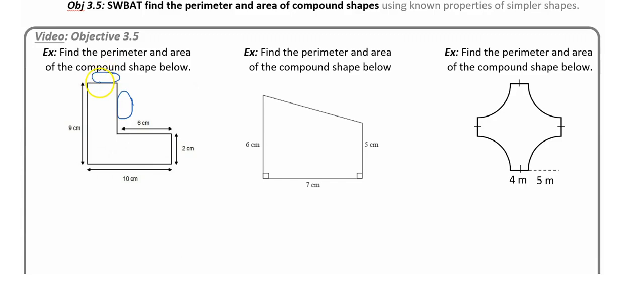So, to find the horizontal distance there, we can look at the total horizontal distance from one end to the other, which is 10 centimeters. So if this part here is 6 centimeters, we'll need another 4 centimeters up here.